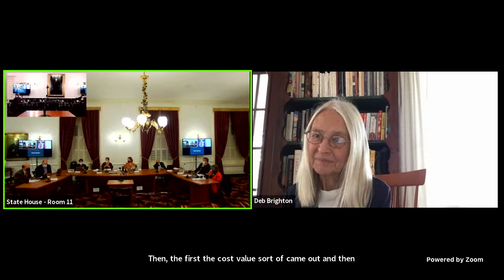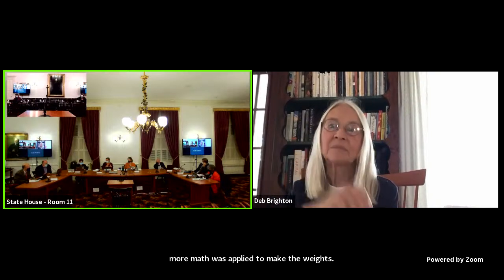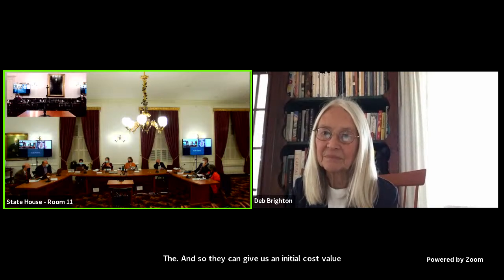The really high-level modeling statistics created cost value coefficients, and then more math was applied to make the weights. So they can give us the initial cost value coefficients, and then we would have to think about inflators and things like that as we moved forward.